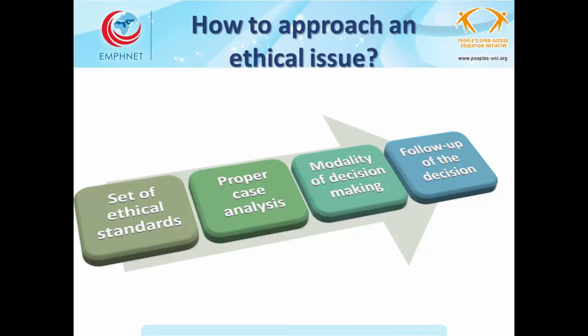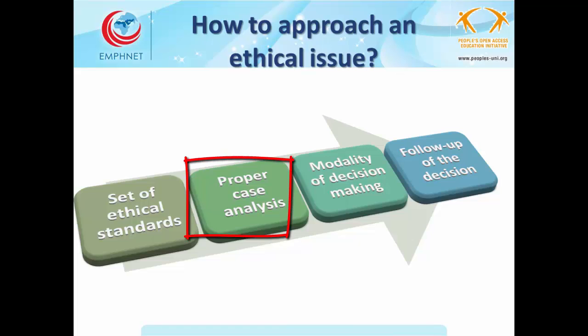So, how do we usually approach an ethical issue? We need a set of ethical standards. Why? So that when we judge an issue or an act as right or wrong, we need to refer to some sort of moral or ethical standard on which we're going to tell whether this action is ethical or not. Then we need to have proper case analysis.